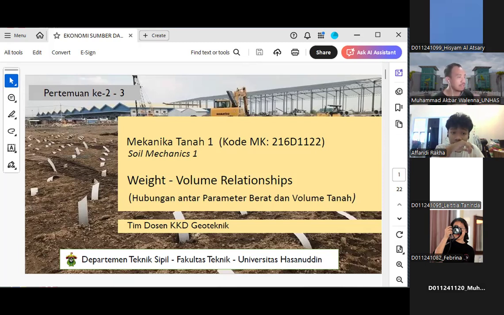It will involve a lot of calculation and interpretation, so you really need to pay attention throughout this lecture so that you can accurately use the formula in accordance with the condition and the design you are required to undertake. That is the objective of today's lecture.